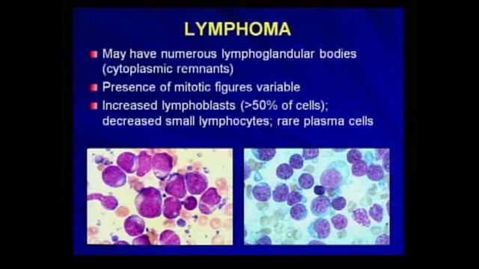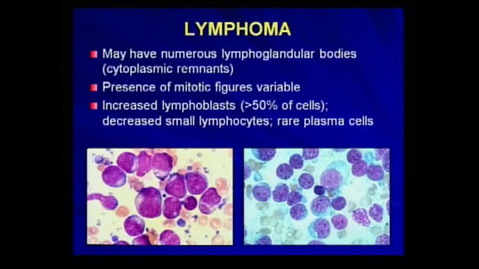Obviously, when you're dealing with something like that, we always recommend excisional biopsy, for definitive diagnosis and to get a good look at the architecture. It also allows us to perform immunohistochemical stains to see if we're looking at T cell or B cell lymphoma and give more accurate prognostic information.